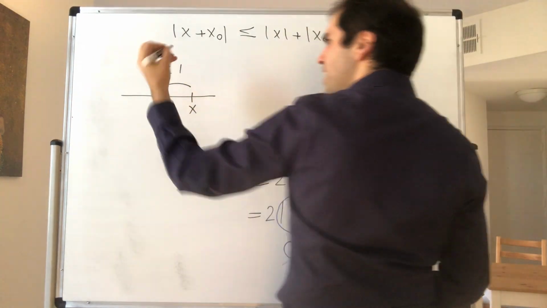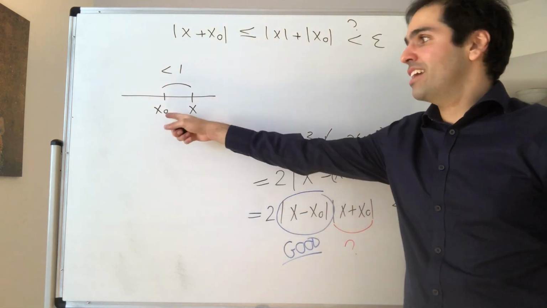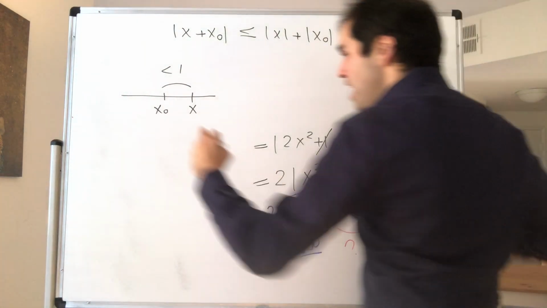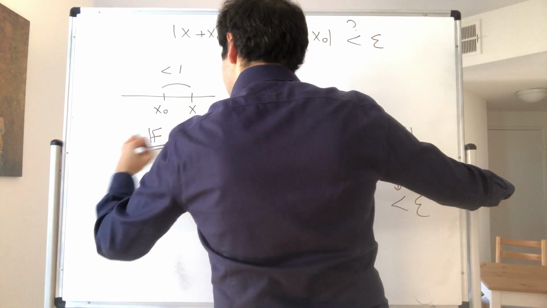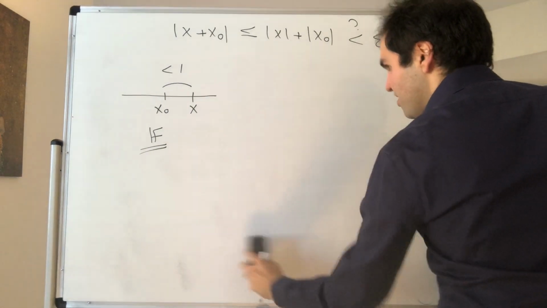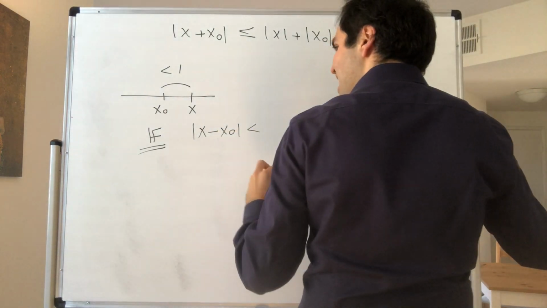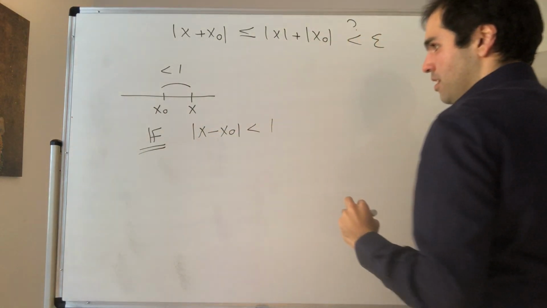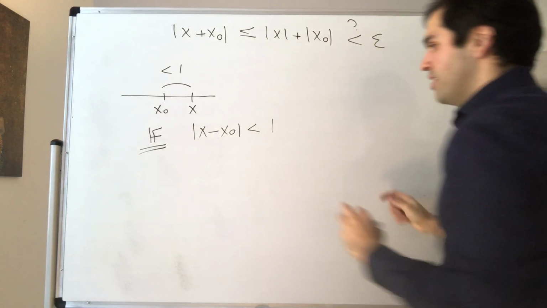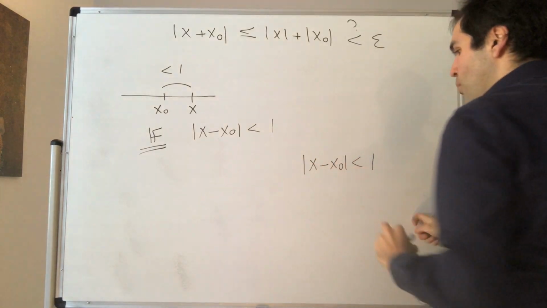Well, it's okay to assume that x is at most 1 away from x naught, because x is supposed to be very close. So, and remember this for later, if x minus x naught is less than 1, then we can actually estimate those absolute values, because, again, x minus x naught is less than 1.